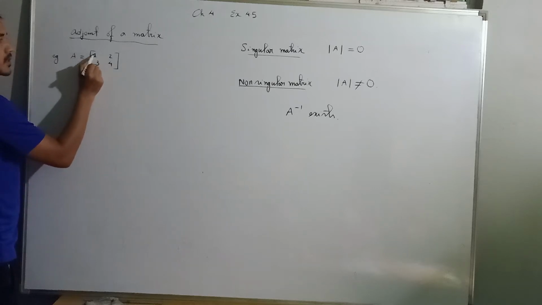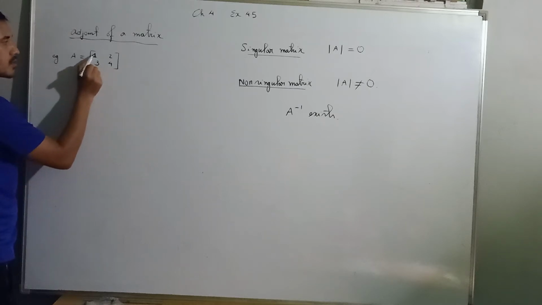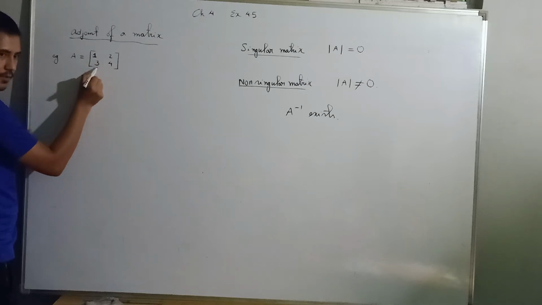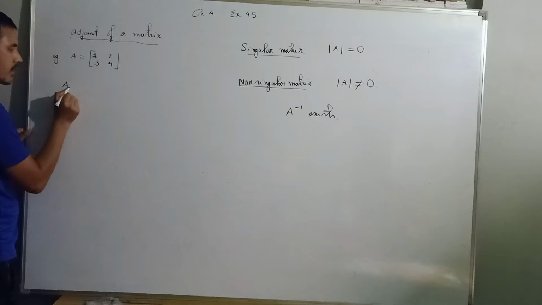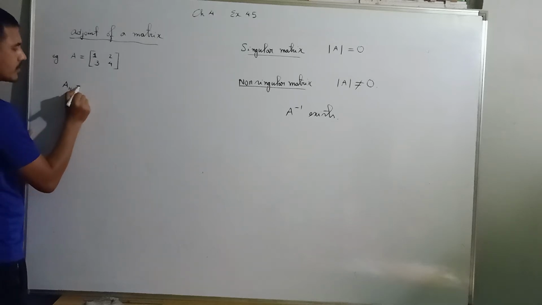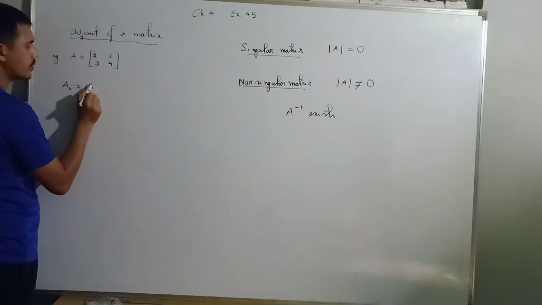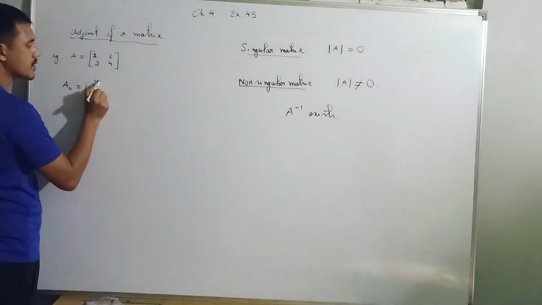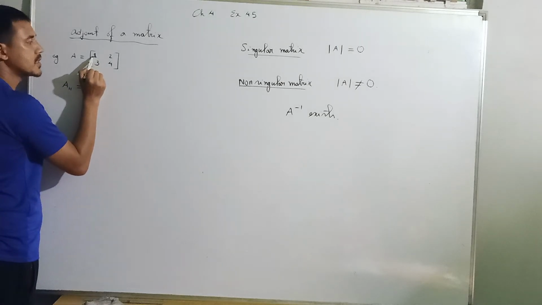Cofactor of this element. This element belongs to first row and first column, right? Now, cofactor of this element shall be represented by A11. So it will be given by minus 1 to the power 1 plus 1, and then you are finding the cofactor of this element.